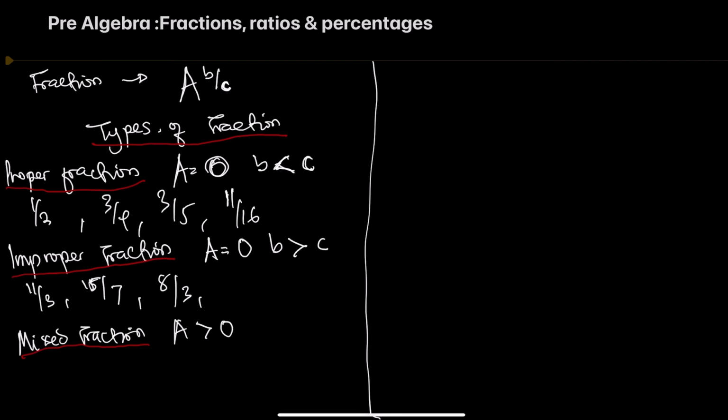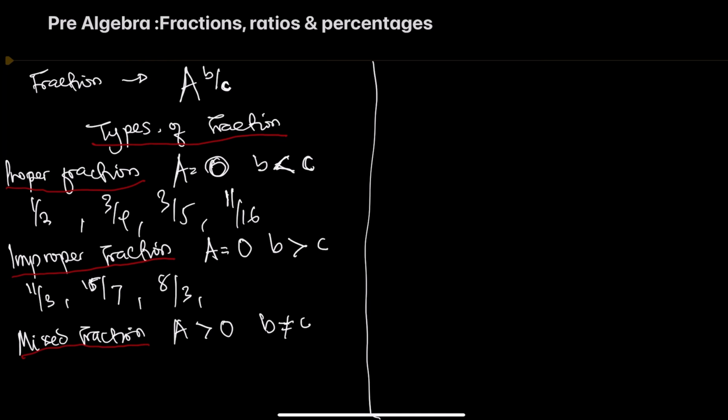You could have B and C in any other way, right? B could be more than C, but mainly B should not be equal to C. I think this is the main part.